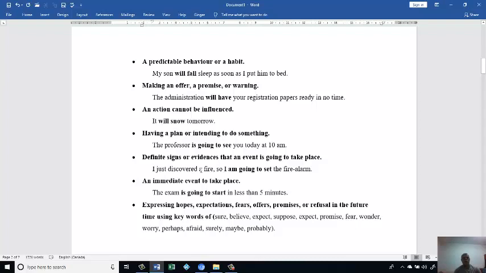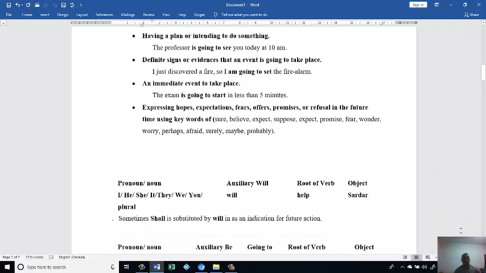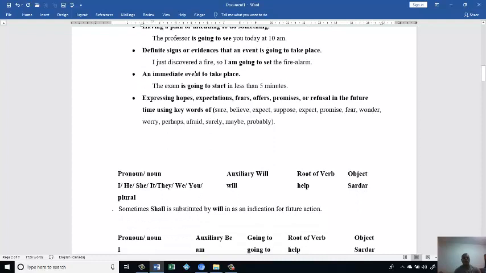I just discovered a fire, so I'm going to set off the fire alarm. Or it could be an immediate event to take place. The exam is going to start in less than 5 minutes.